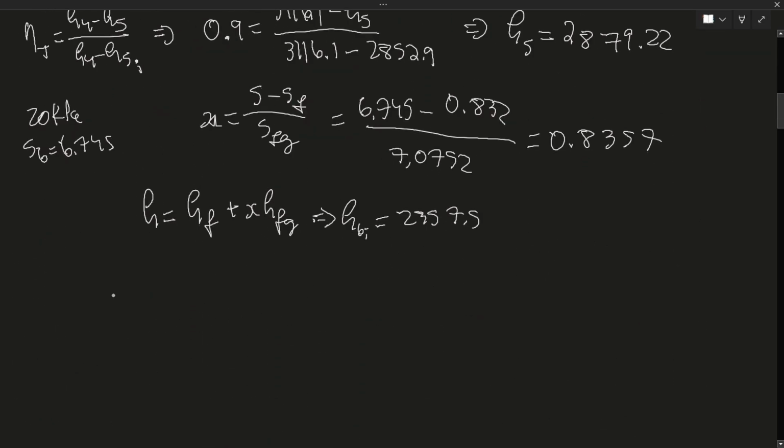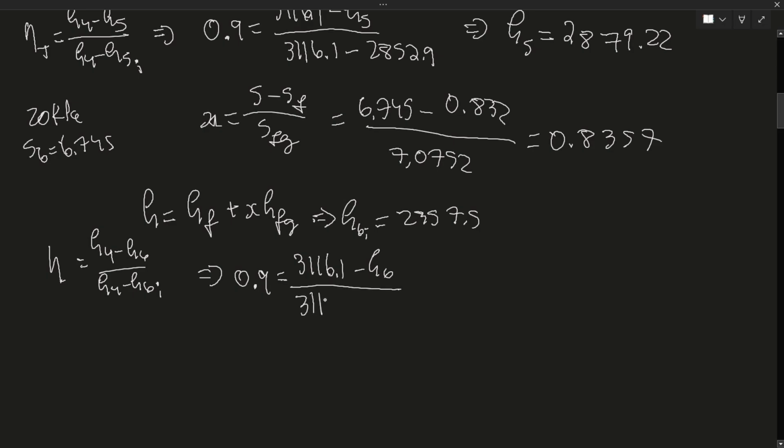However, since we have the turbine efficiency, you have to use the same formula again. Equals H4 negative H6 actual over H4 negative H6 ideally. So 0.9, you already have H4, which is 3116.1, negative H6, which is what we're looking for, over 3116.1 negative the ideal enthalpy, 2357.5.